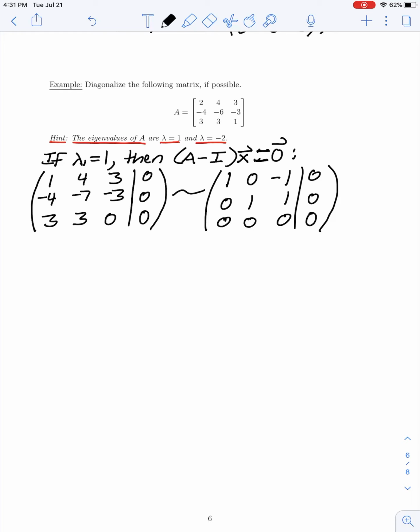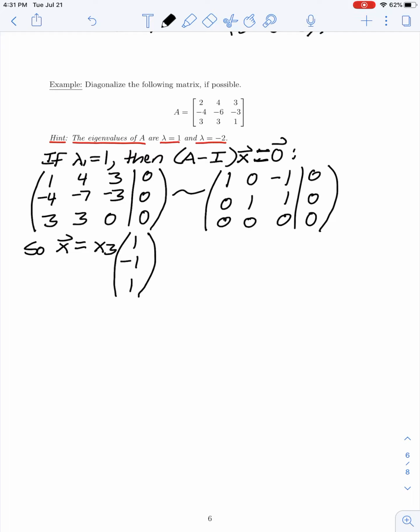So we see that x3 is a free variable, and using the first row of our augmented matrix, we see x1 is equal to x3, and x2 is the negative of x3. So any solution, which would be an eigenvector, has the form x3 times 1, -1, 1.